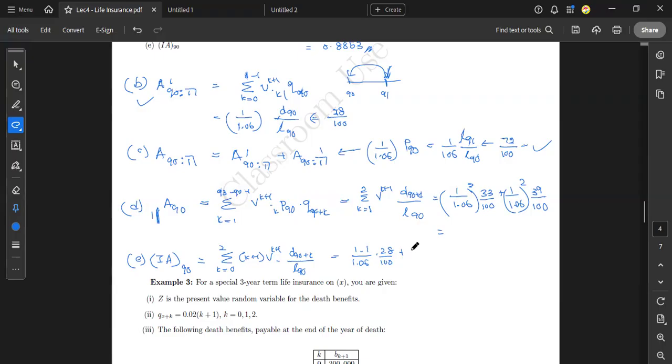When it's k equal 1, this is 2 times 1 over 0.6 to the power 2 and 33 divided by 100. When it is 2, this is 3 and 1 over 0.6 to the power 3 and 39 divided by 100. So we can get the value for this one as well.